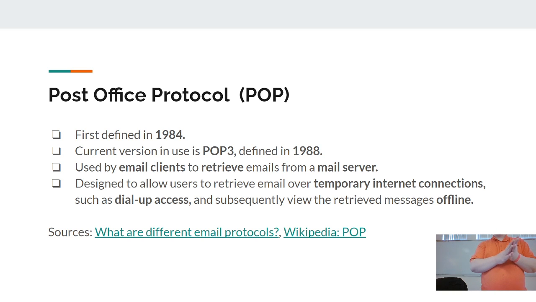Thunderbird, the other one put out by Mozilla, can connect to any POP server you have and pull your emails down. Pull them off the server? Yeah, you completely download them.